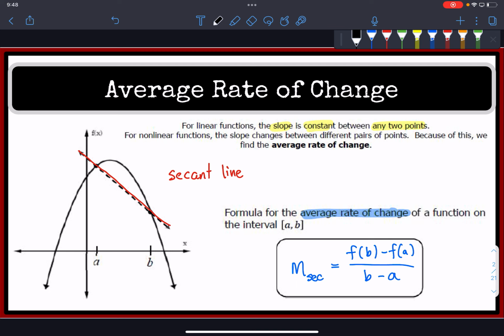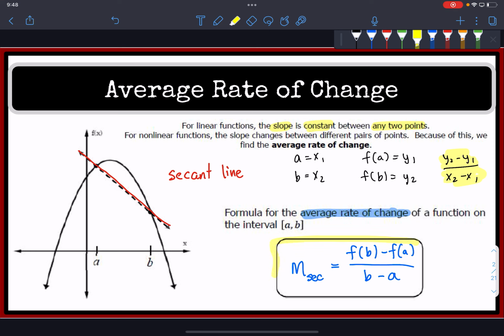So if I use a as my x1 and b as my x2, because those are x's, then f of a is simply my y1 value, and f of b is simply my y2 value. Substituting that into this formula means we're using this formula here.